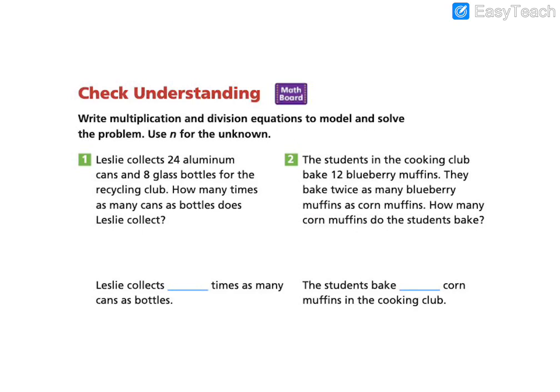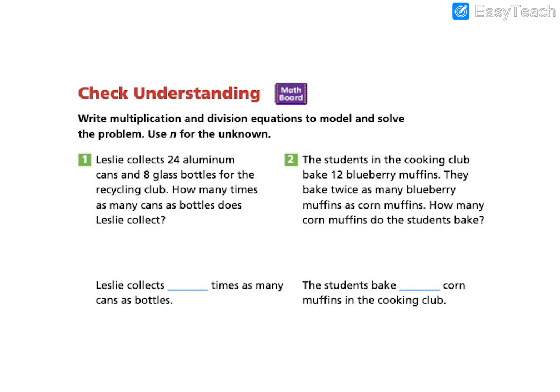Right, let's go ahead and check your understanding now. Write multiplication and division equations to model and solve the problem, use N for the unknown. Leslie collects 24 aluminum cans and 8 glass bottles for the recycling club.